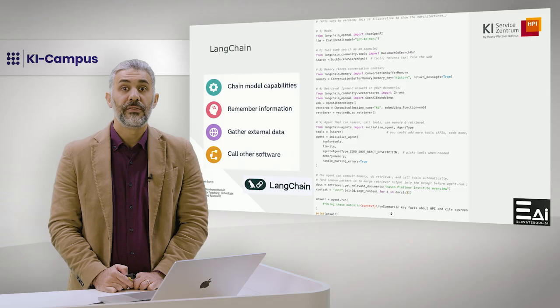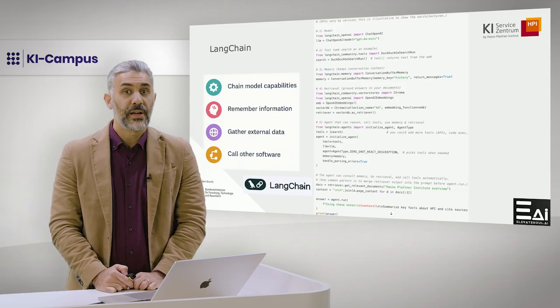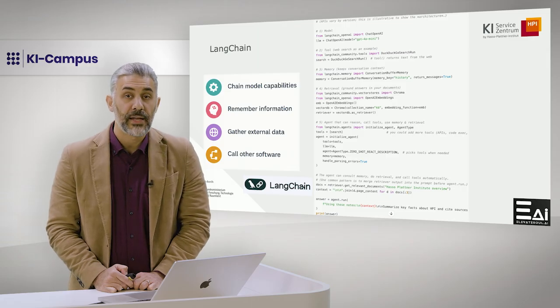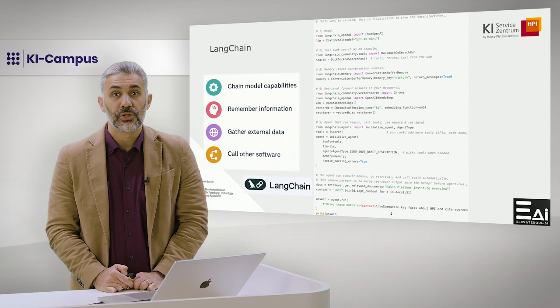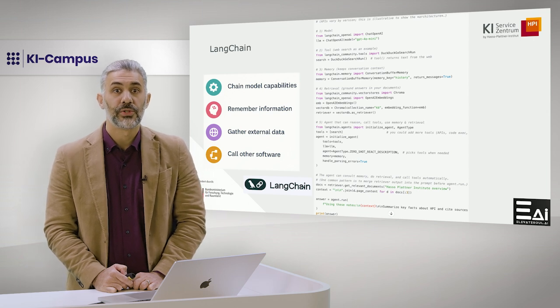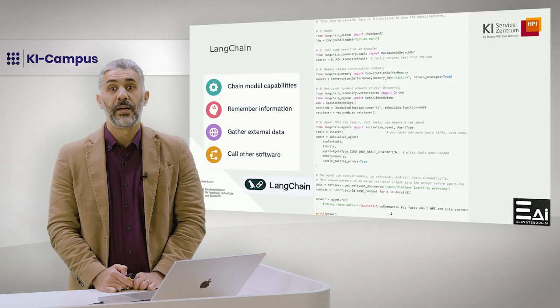And we need to evaluate and debug the output. Without a framework, developers would have to wire all of this manually. Model calls, embeddings, vector stores, prompts, tools, retries, logging, evaluation, every time.